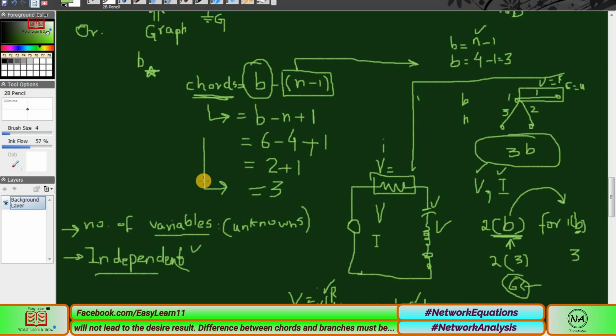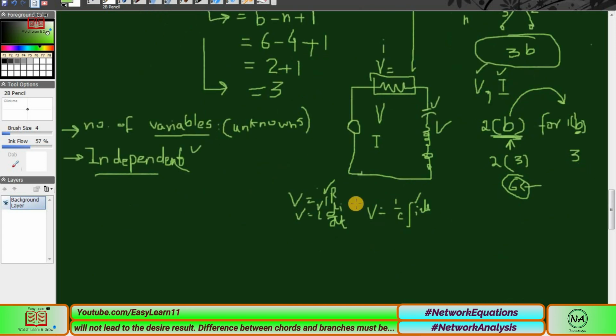We have a different number of equations for different unknowns. Kirchhoff laws are really important considering a network composed of b branches.